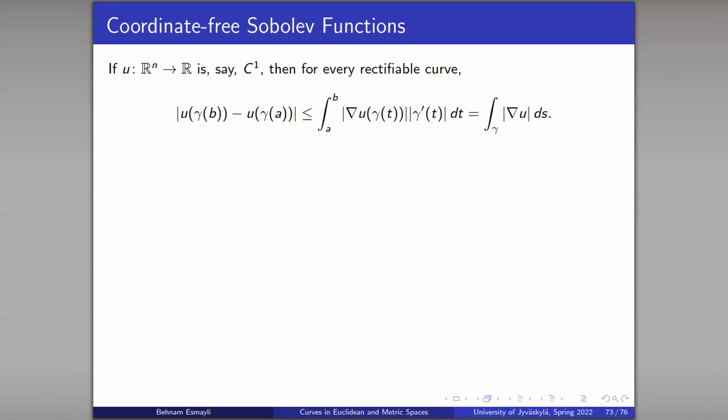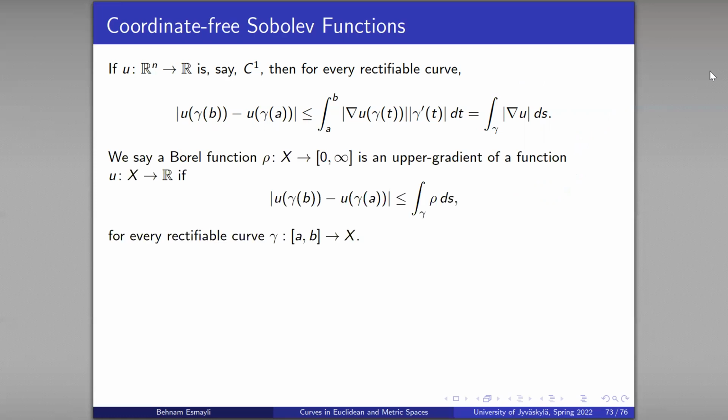When you pass to Sobolev functions, a similar thing holds, except that, in a very precise sense, you have to allow some exceptional curves where it fails. But anyway, all of a sudden we realize that all of this now uses only very basic properties of Euclidean spaces.